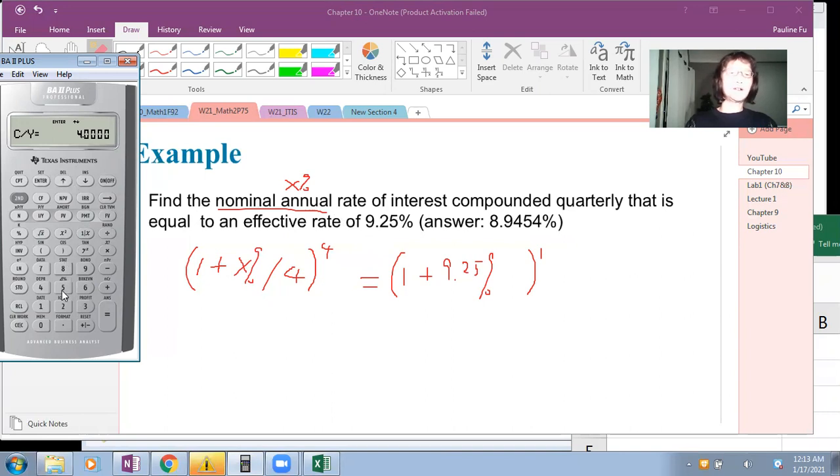This one is compounded annually, so CY equals 1. Enter. Up arrow key, EFF, and then you click compute. After that, click the down arrow key, CY. For this one, compounded quarterly, so CY equals 4. Enter. Down arrow key. You get NOM, compute, and you get the rate. See, 8.945. Okay.